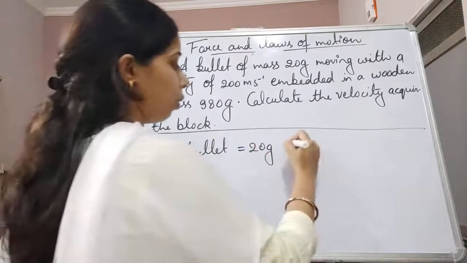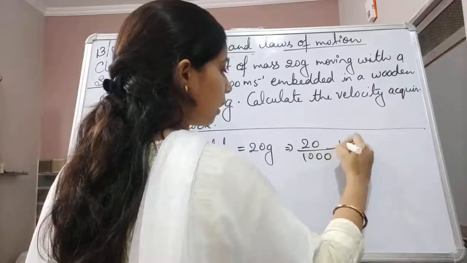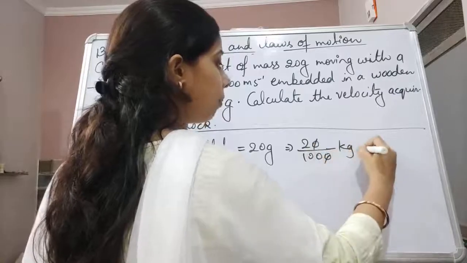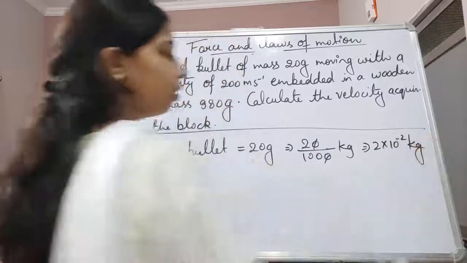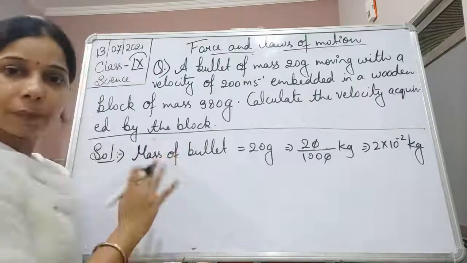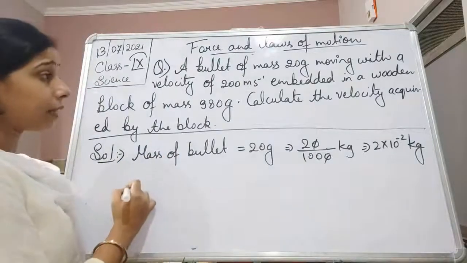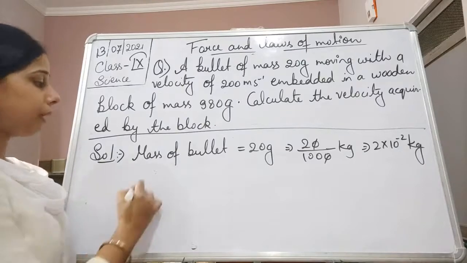This will be equal to 20 upon 1000 kg, and it will become 2 into 10 to the power minus 2 kg, or 2 by 100 kg. Then the next one is velocity. It is moving with the velocity of 200 meter per second.